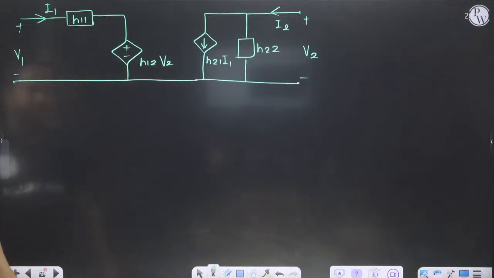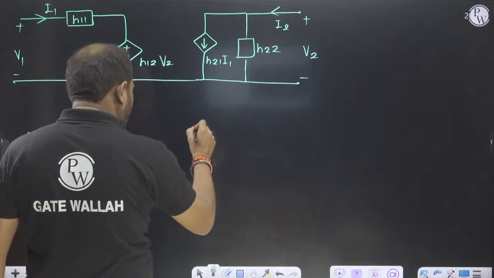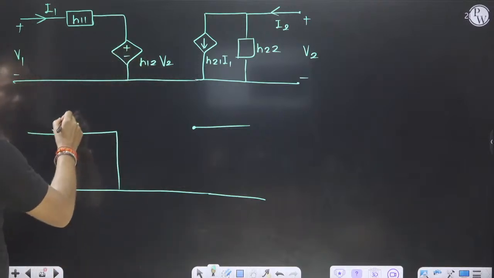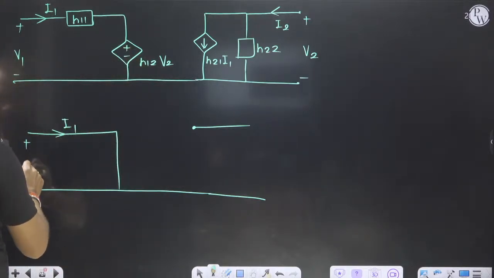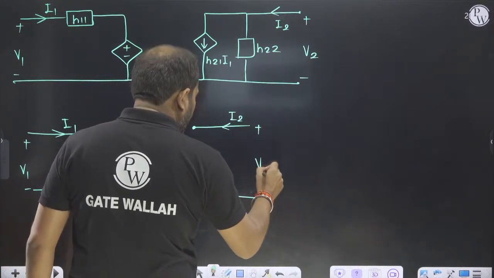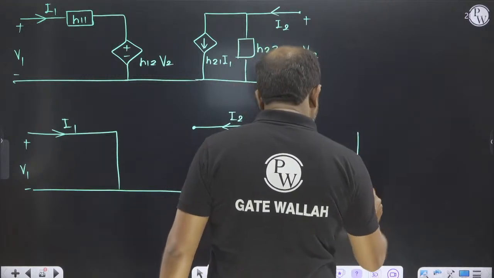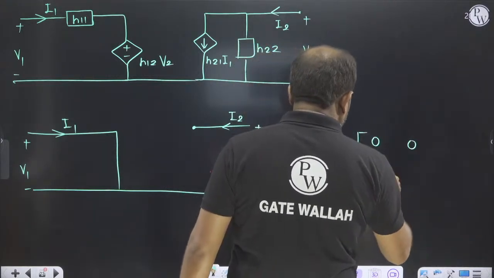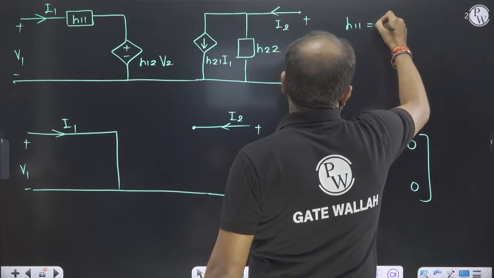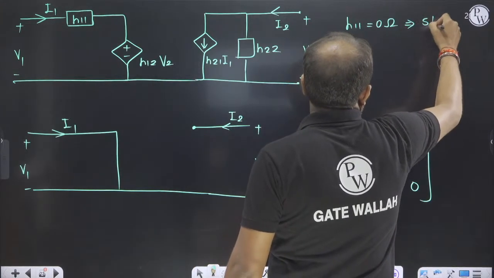Then we have series short circuit, parallel open circuit, I1, V1, I2, V2. So which type of network is it? Series parallel, H parameter. So here H11 is 0, impedance 0, 0 ohm is short circuit.